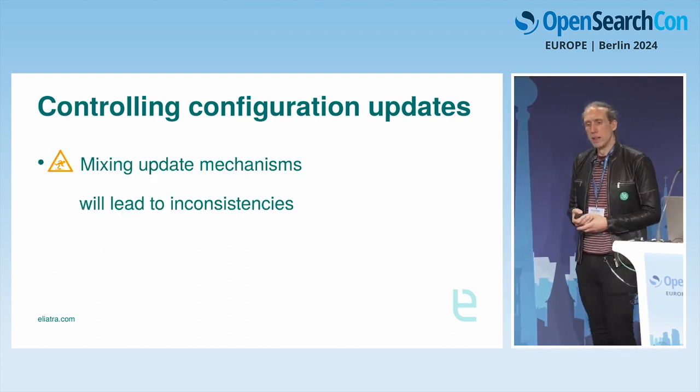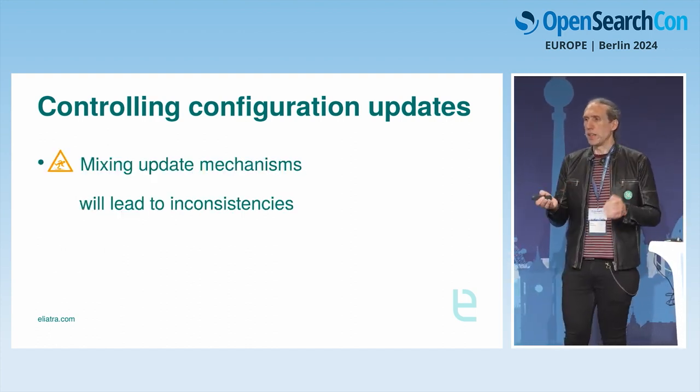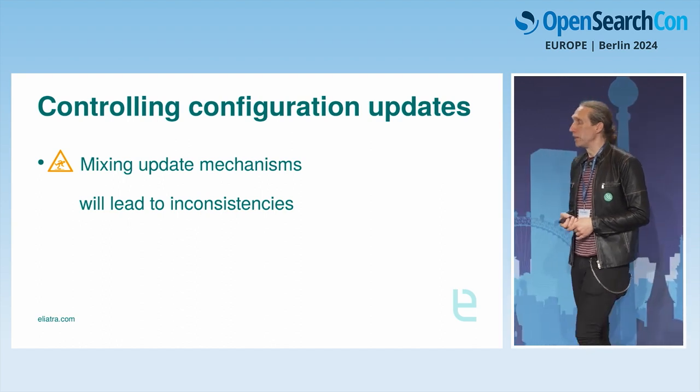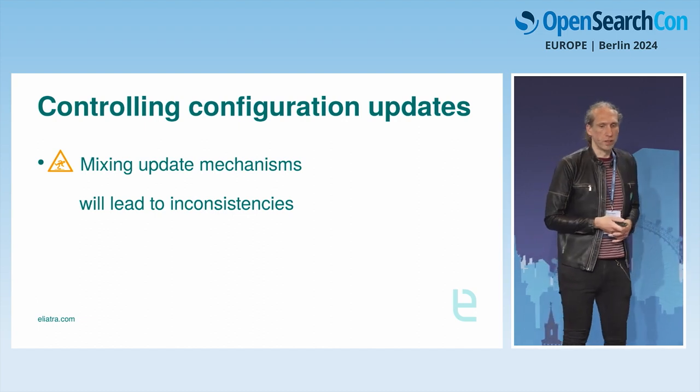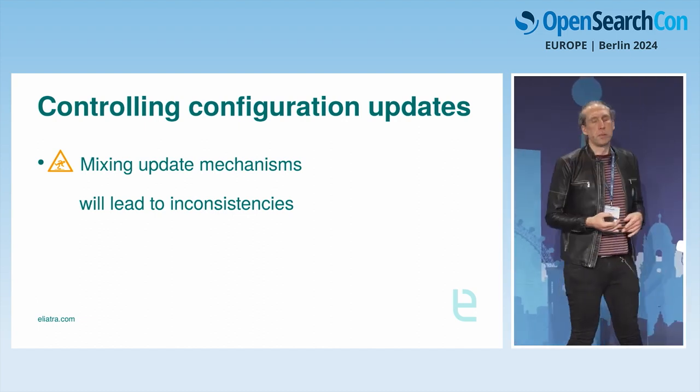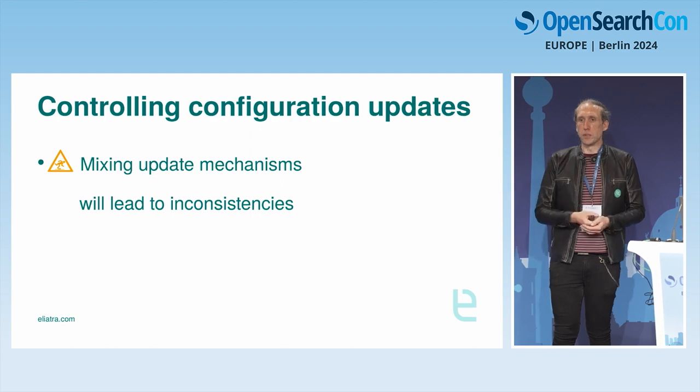However, one has to say, one has to take care not to mix update mechanisms too badly, because then you might run in the end into inconsistencies. For example, if you use the Kubernetes secrets to define your configuration, and later use the REST API or the Dashboards UI to change it, if you apply the Kubernetes secret again, all the changes by the REST API or the Dashboards UI will be gone.